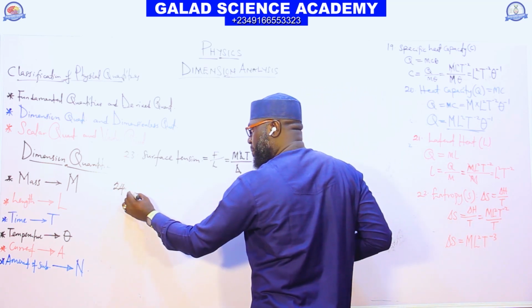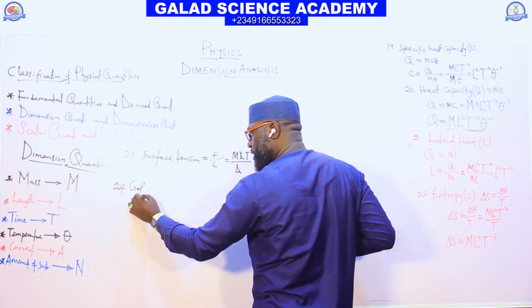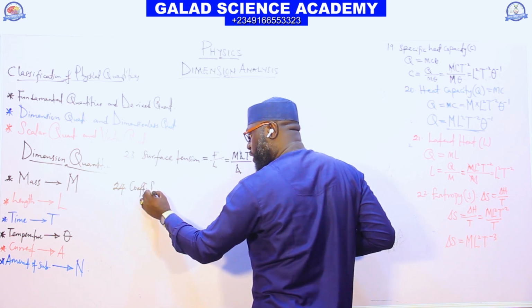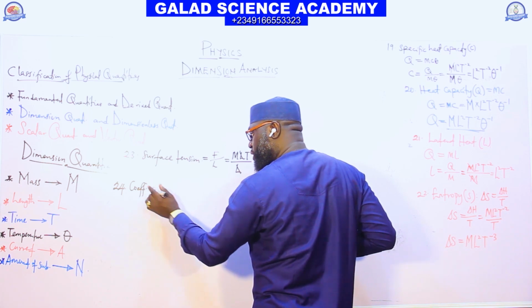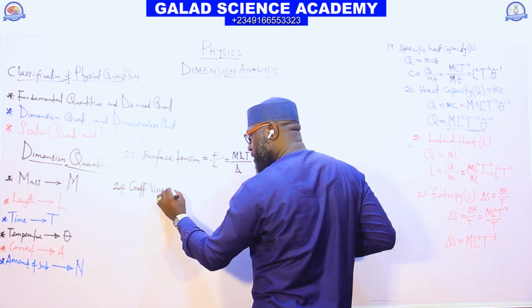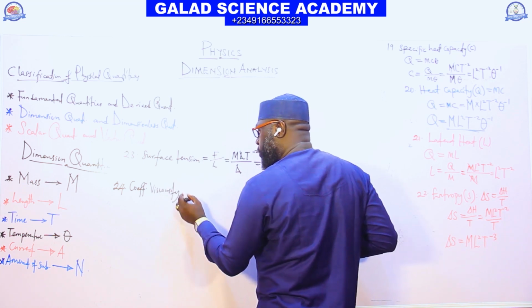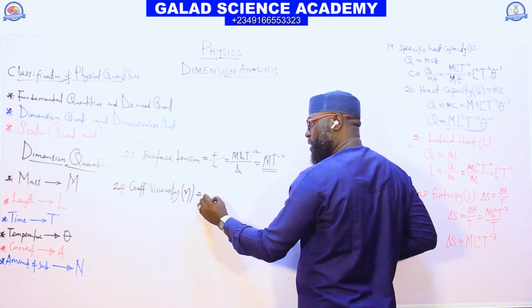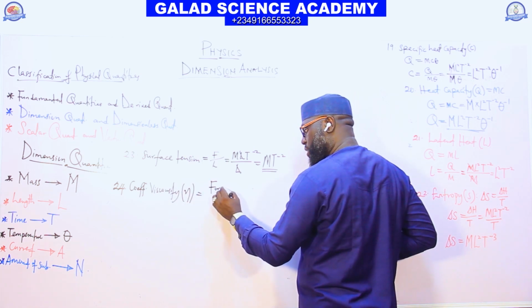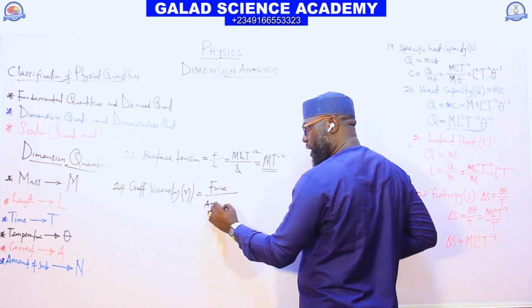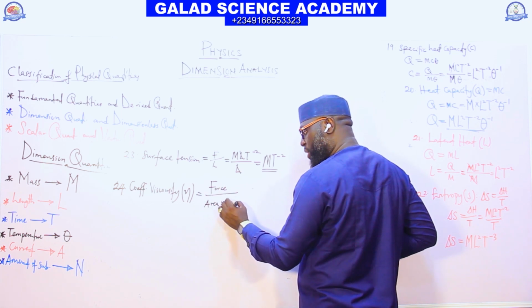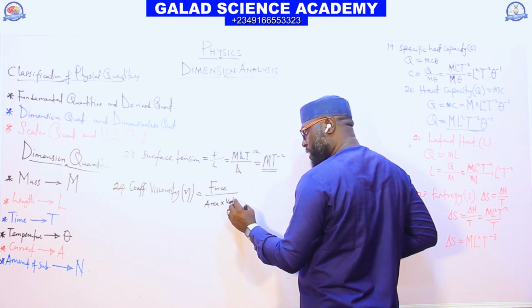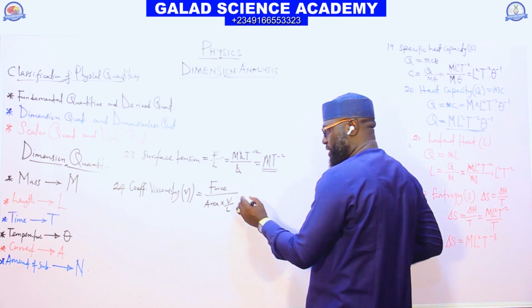Number 24: dimension for coefficient of viscosity. Coefficient of viscosity is force per unit area multiplied by velocity gradient, that is, velocity per unit length.